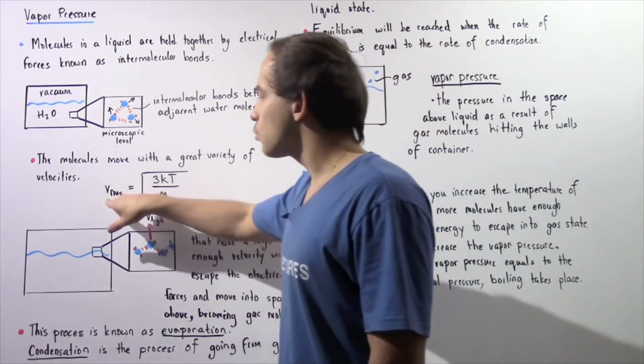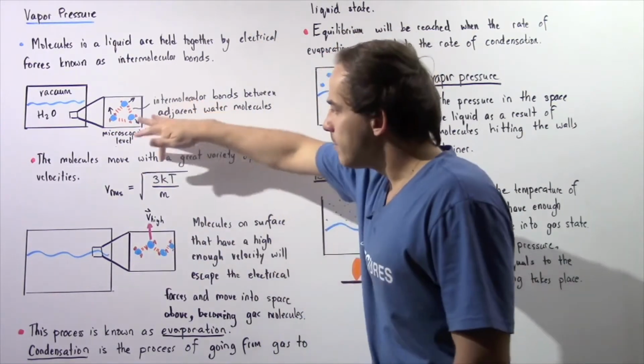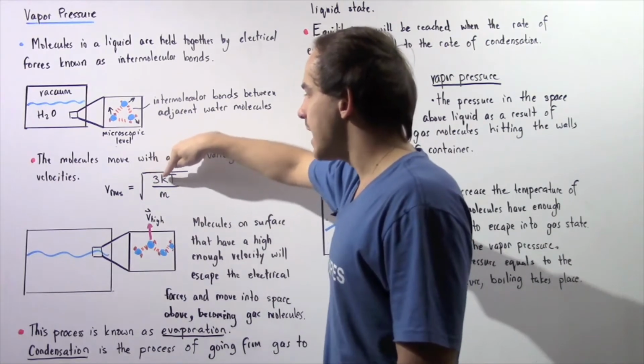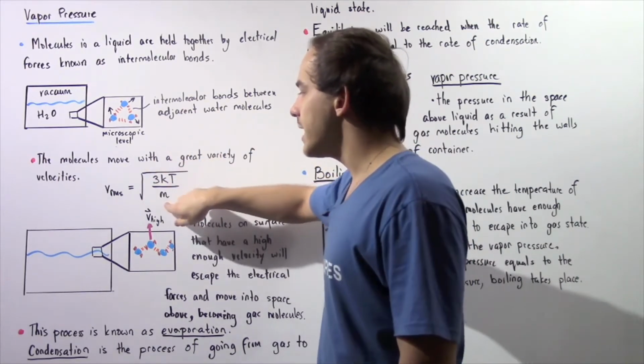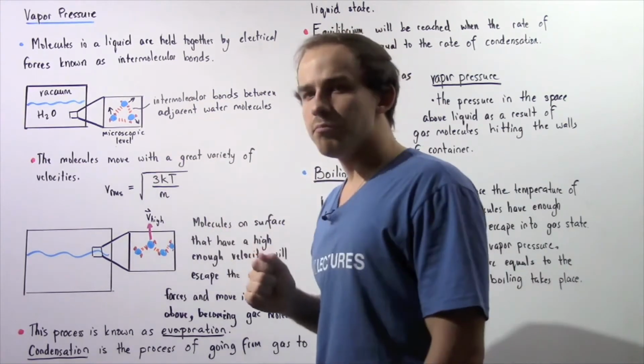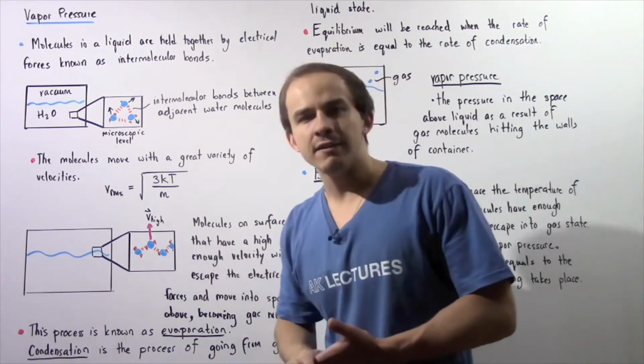Now we define the root mean square velocity of each molecule by the following formula. The square root of 3 times k times T divided by m, where m is the mass of the water molecule, k is the Boltzmann constant, and T is the temperature given in kelvins.